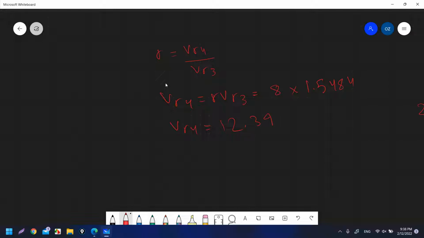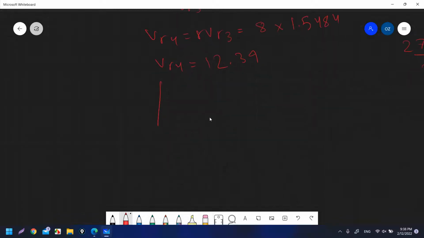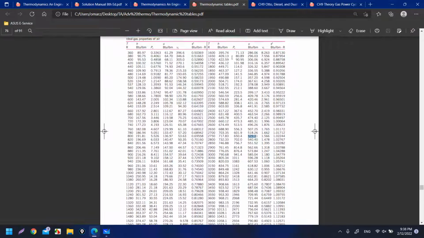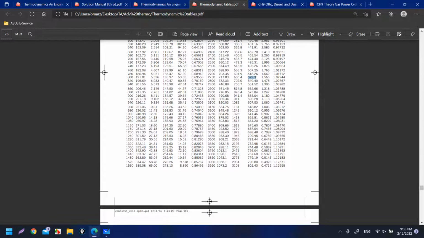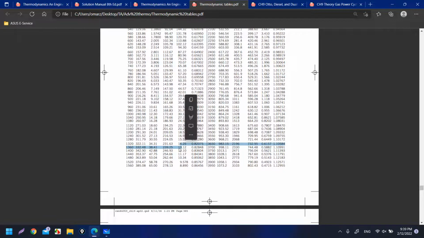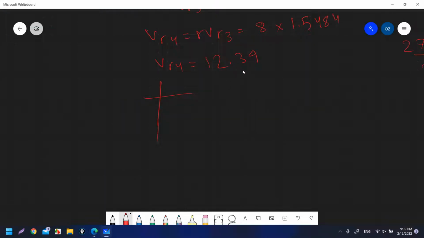Then from VR4, I will make interpolation to find the temperature. So let's see the 12.39. 12.39 is here. I will make interpolation between these two numbers to find T4S. It will be between 1360 and 1400 using 13.12 and 12.1 because my VR is 12.39. So let's make another interpolation. Okay, T, VR.